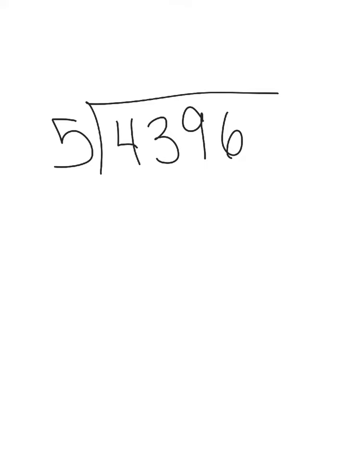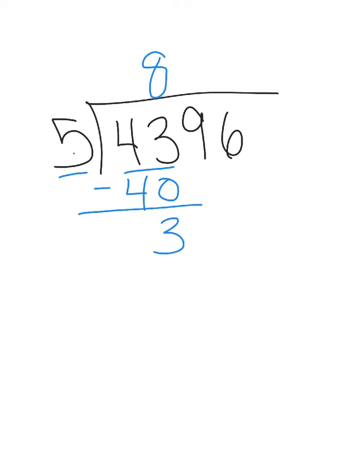So first we're going to start with our biggest place value, which is our thousands place. And since 5 cannot go into 4, we need to scooch over, and we want to see how many times does 5 go into 43. Well, our answer is 8. And 5 times 8 is 40. Then we're going to subtract and bring down our 9.